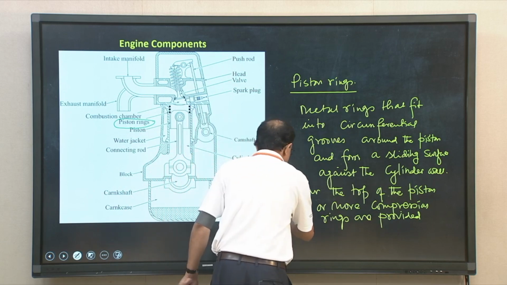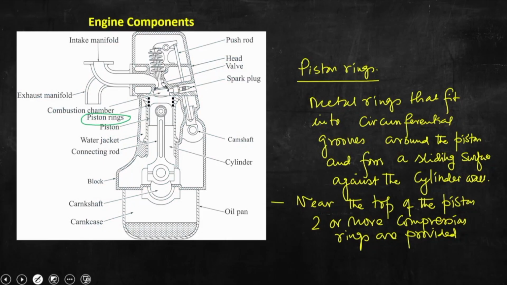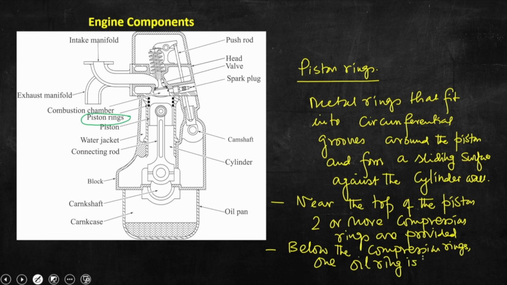So, this is near the top surface, and below the compression rings, one oil ring is provided, right.